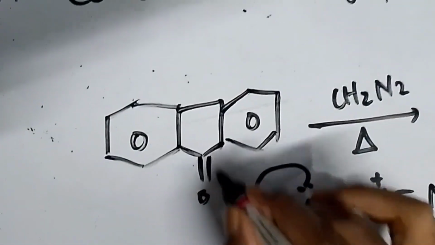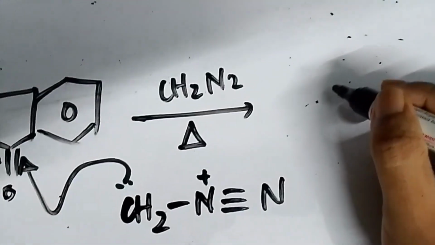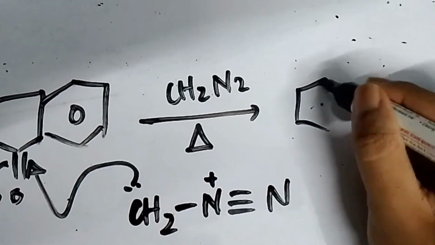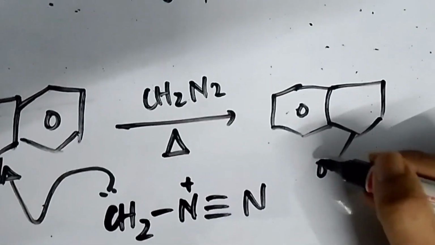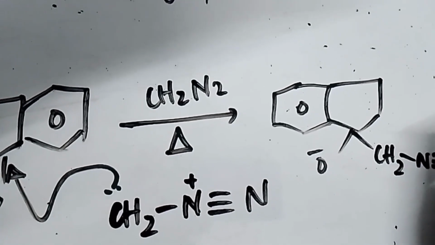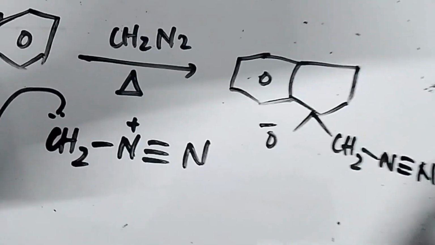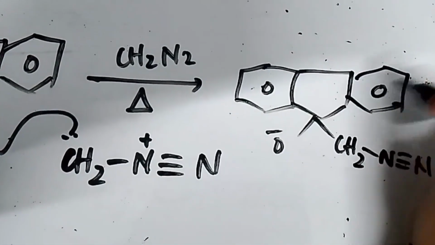So this lone pair attacks here and the bond rotates, and therefore it leads to the formation of something like O minus, CH2, N triple bond N, and here we have another benzene ring.